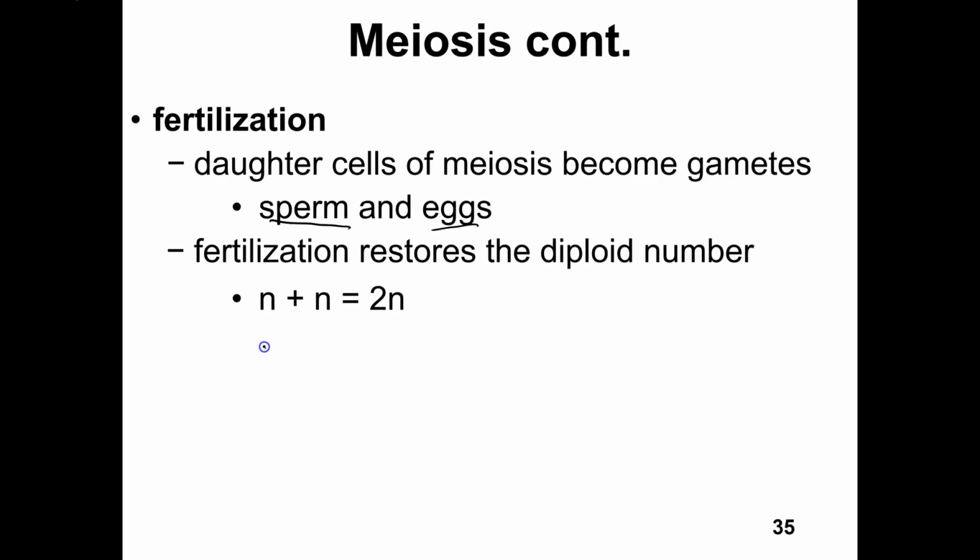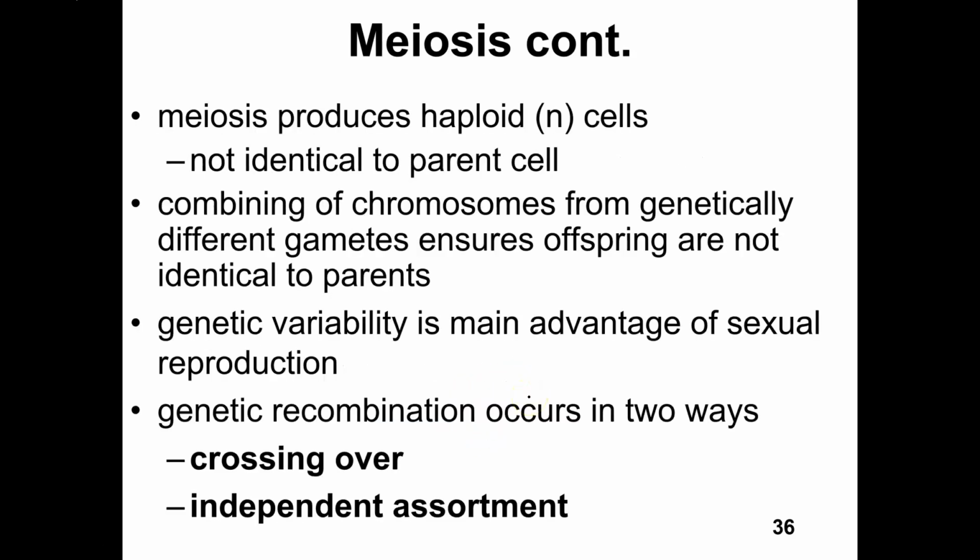So basically you're taking haploid 1, so half the DNA, plus haploid 2, the other half of the DNA, producing diploid right here that is unique. So how do we get this uniqueness?